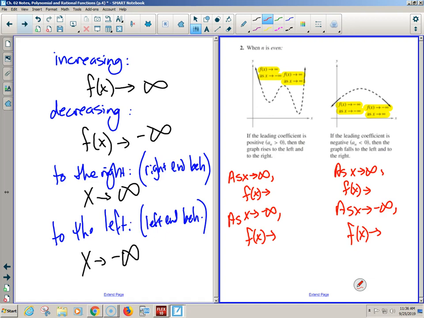Read it and state your thoughts in a very mathematical way. So these ones, when I go to the right, aren't these both going up? To the right and the left, aren't these both going down?